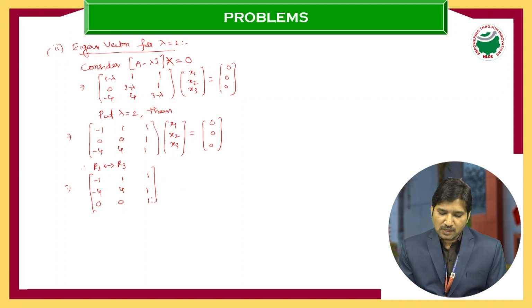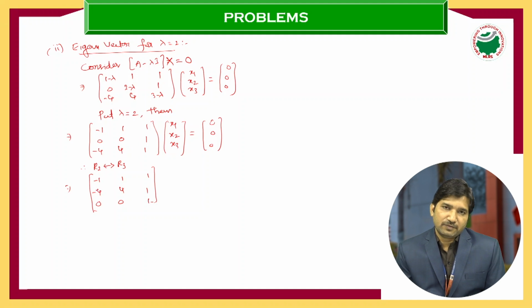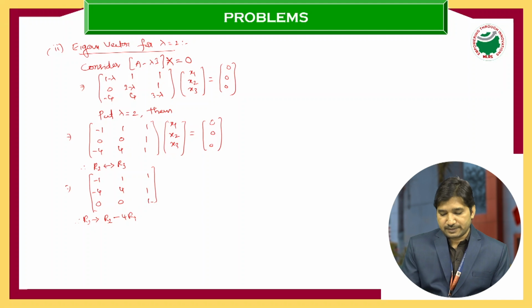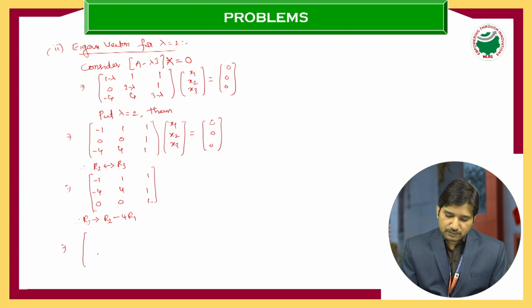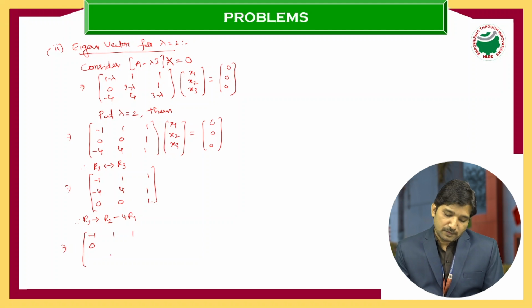Now the third row's first and second elements are already 0, so we can make the second row's first element 0. Multiplying row 1 by 4 and subtracting, R2 becomes R2 minus 4R1. Minus 1, 1, 1 multiplied by minus 4 gives plus 4, minus 4, minus 4.